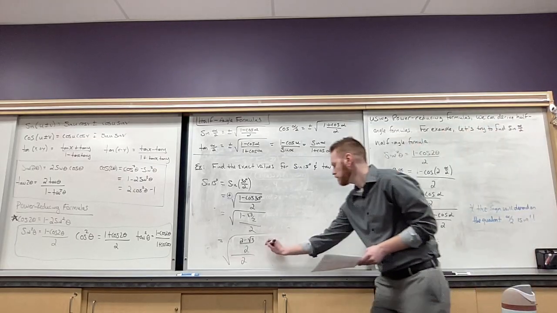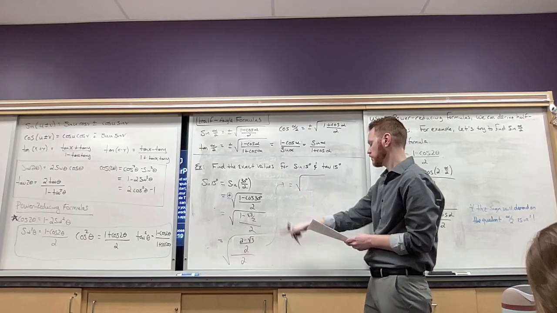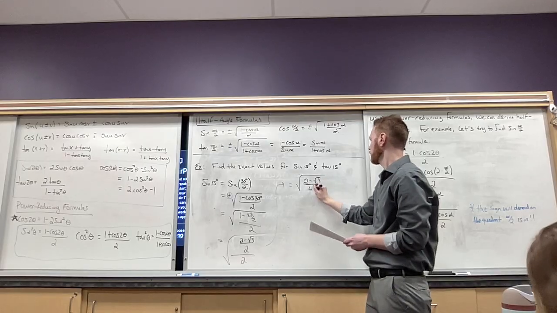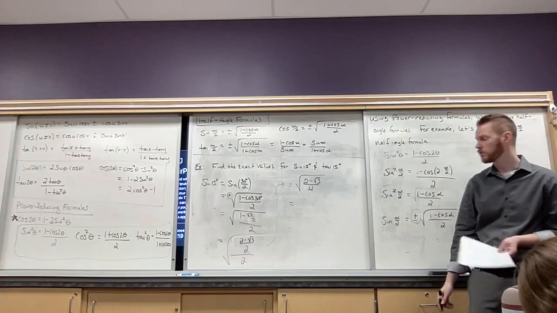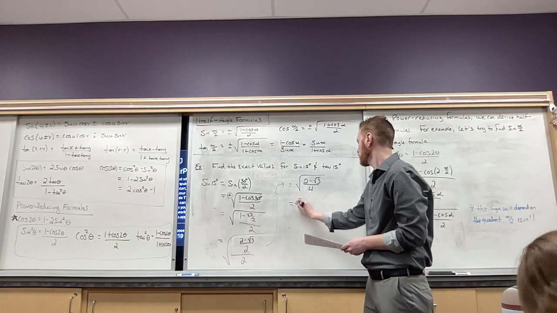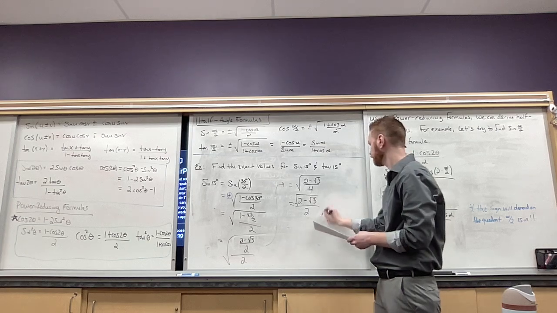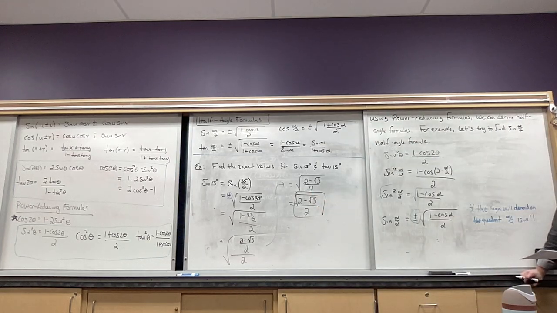So this now becomes, the 2's here are going to become a 4. So it's going to be 2 minus square root of 3 over 4. Now, the square root of 4 is 2. So this part stays underneath the square root. 2 will come on the outside there. So there's our equivalent value of sine of 15 degrees. Okay. A lot of square roots there, so you got to be careful with how you simplify.